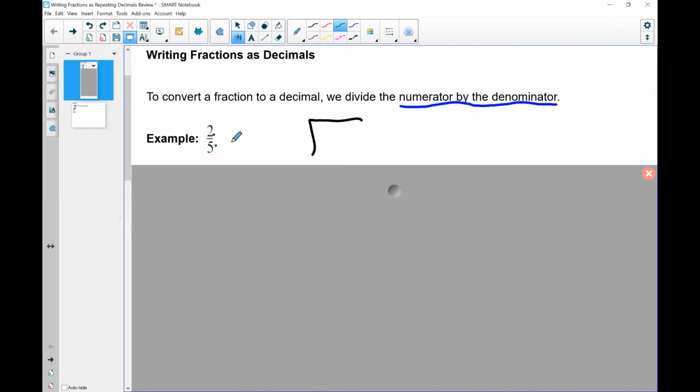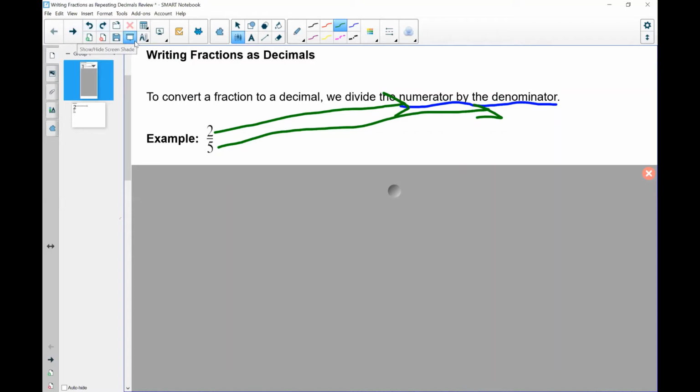What's on the top is your numerator. What's on the bottom is your denominator.